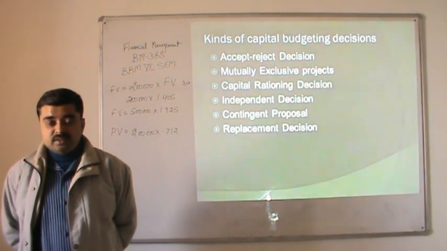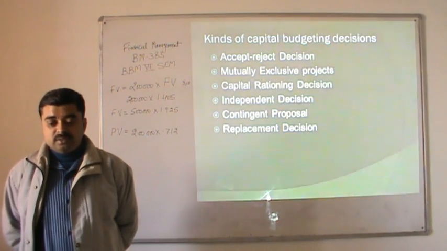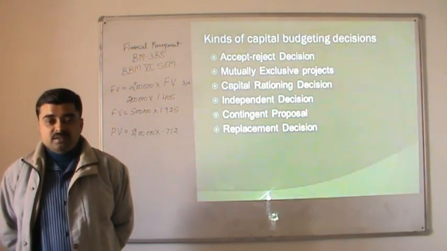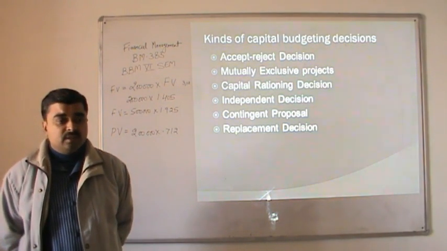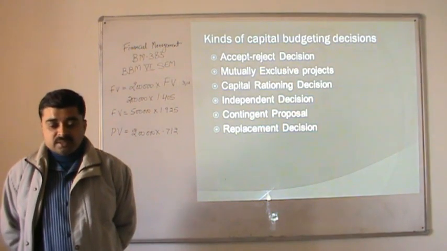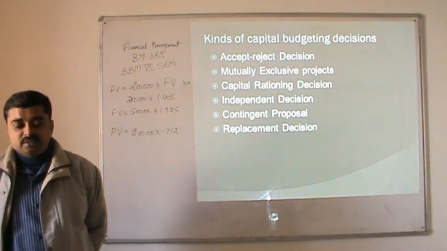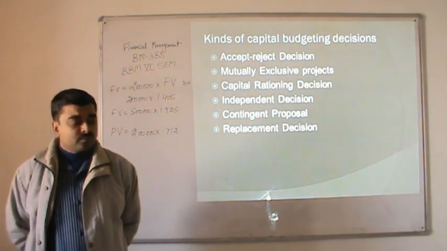Capital rationing decision is another decision which is taken with the help of this method. Capital rationing is providing the capital for the project in various parts, in various installments. So the rationing decision is also taken with the help of capital budgeting.